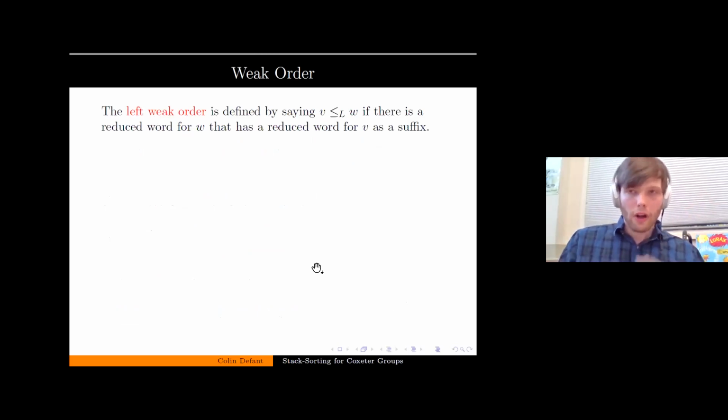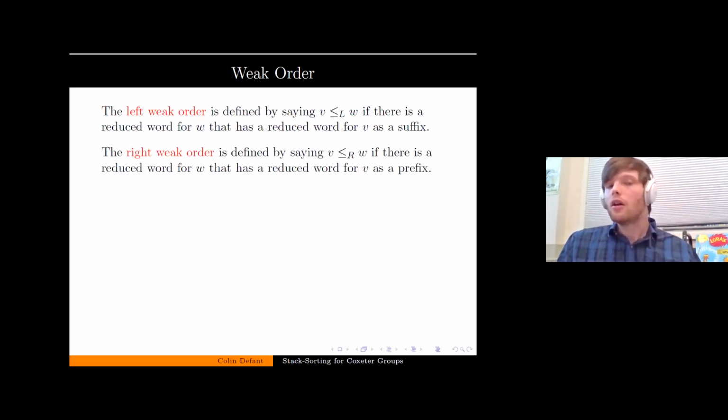Okay, there are some natural partial orders on Coxeter groups, and I'm going to discuss the left and right weak orders. So the left weak order is defined by saying that an element V is less than or equal to an element W in the left weak order if there is some reduced word for W that has a reduced word for V as a suffix. And by suffix, I mean like a final segment of the word. Then the right weak order is defined in pretty much the same way.